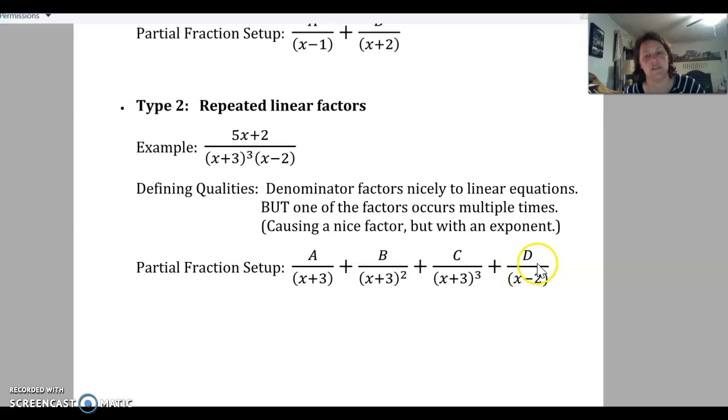And then just the plus d over x minus 2 to include that last factor. But notice how we did the factor that was raised to the third power. We have that factor 3 times, with each one of the exponents 1, 2, 3. Okay, so that's repeated linear factor.